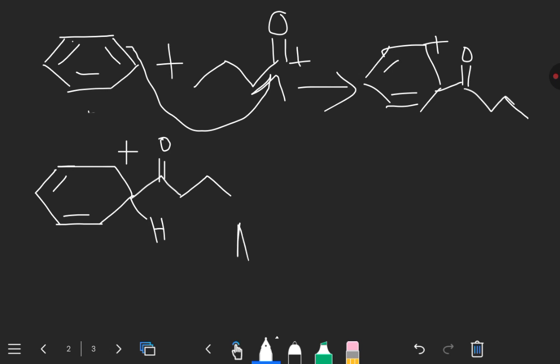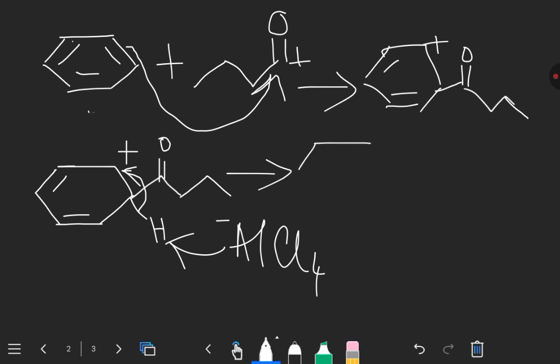We're going to use the same base which we formed, which is the same base which left actually, aluminium tetrachloride. Remember it's left with a negative charge, so it will come and grab this hydrogen, then the bond will be broken, and this bond will form the double bond in this ring.